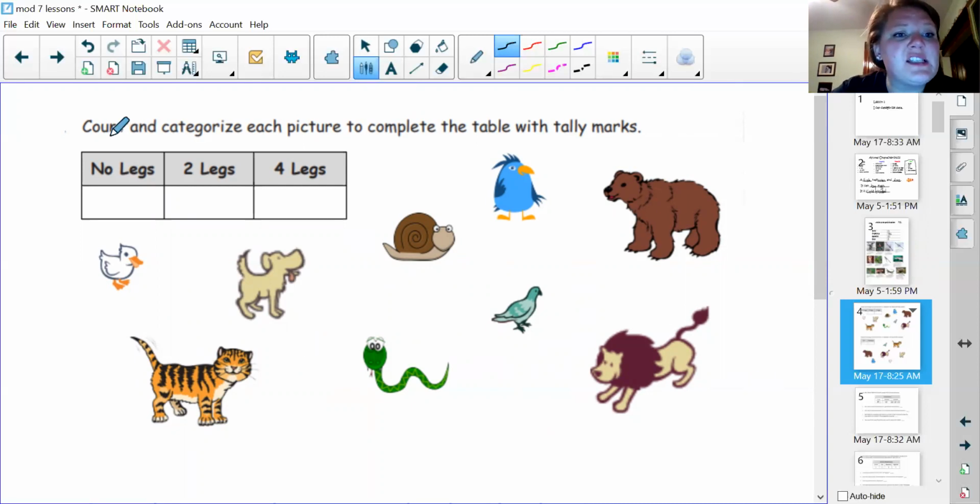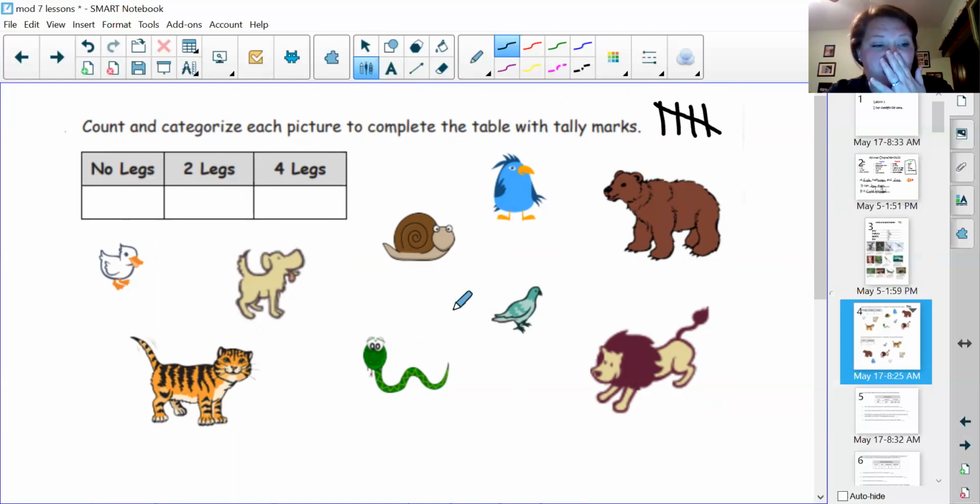Okay, so here it says count and categorize each picture to complete the table with tally marks. So remember, 1, 2, 3, 4, 5, we close that gate, okay? So you're looking for animals that have no legs, 2 legs, and 4 legs.